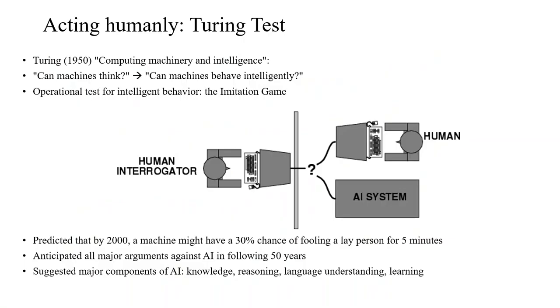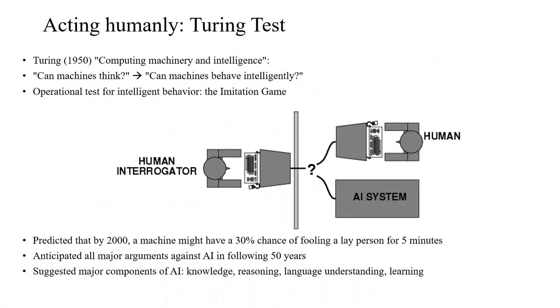This test answers whether a machine can think or behave intelligently just like a human being. If we are not able to distinguish the output as coming from a human or an AI system, then we can say it is acting humanly. It was predicted that by 2000 a machine might have a 30% chance of fooling a layperson for 5 minutes.